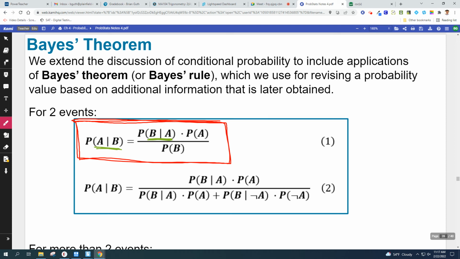Okay, so you might want to write that down, that we are finding a conditional using a reversed conditional.